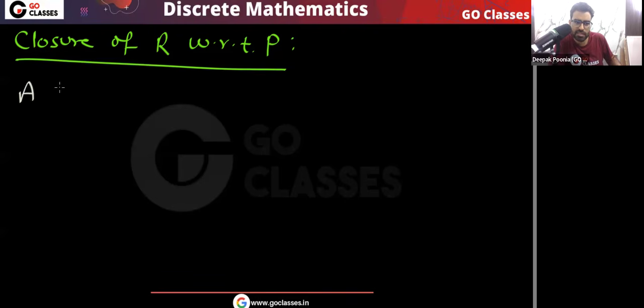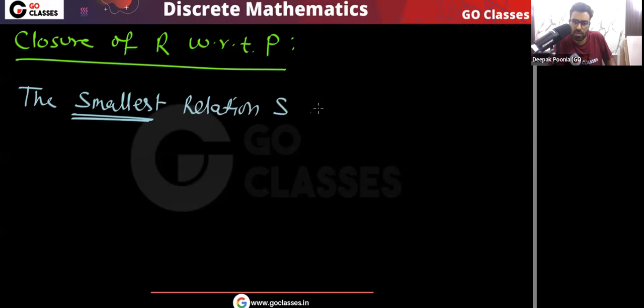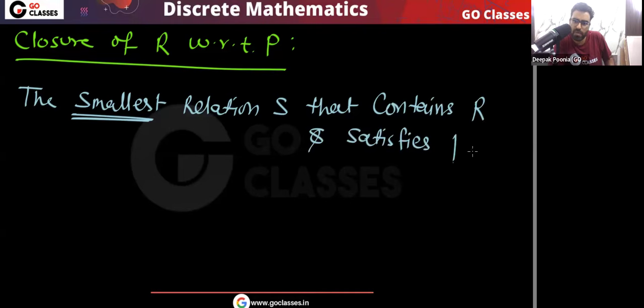The closure of relation R with respect to property P is a new relation S, or I can say it is the smallest relation S that contains R and satisfies P.